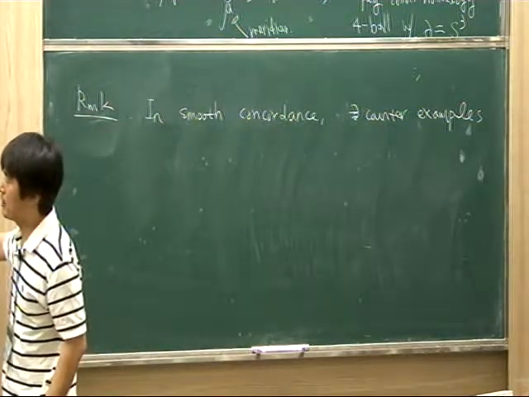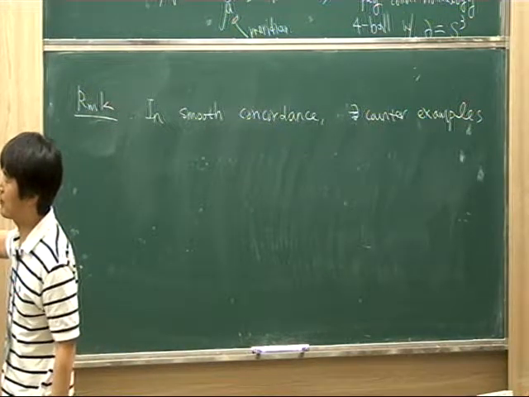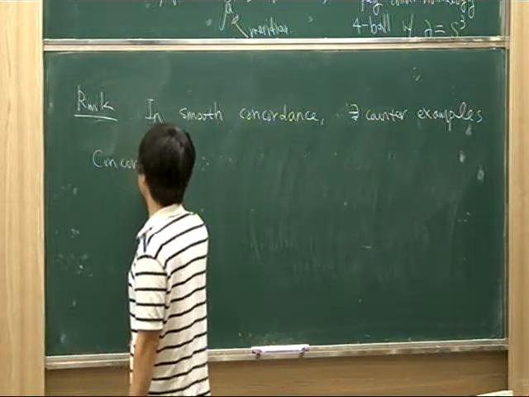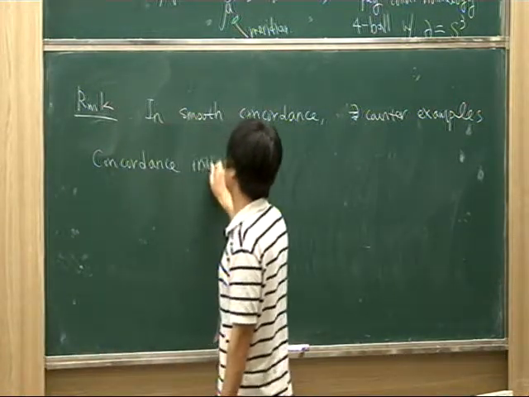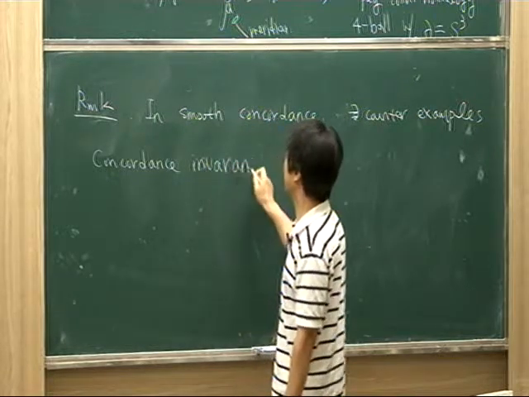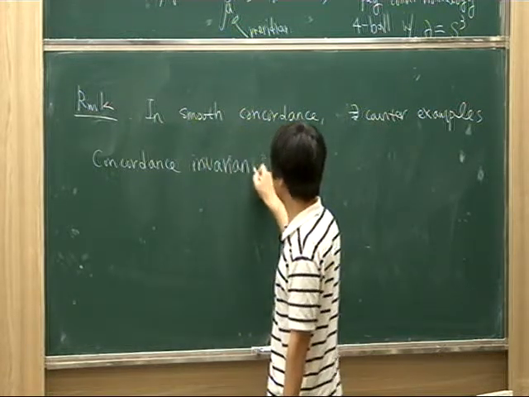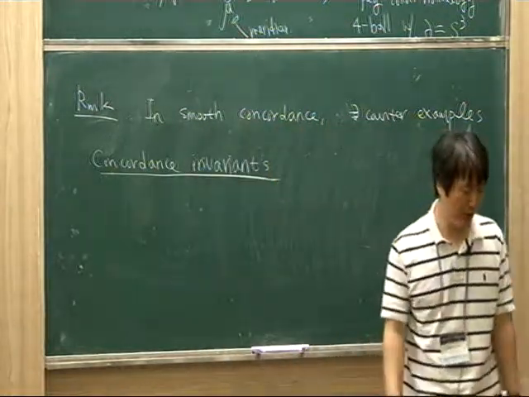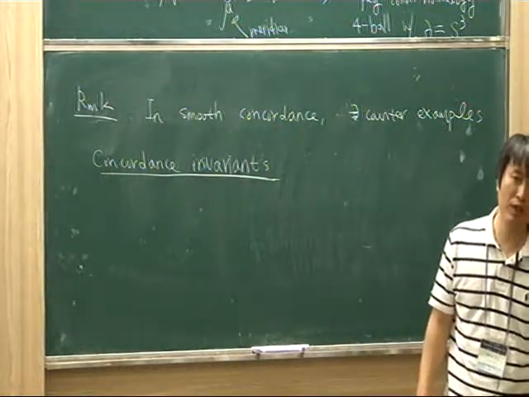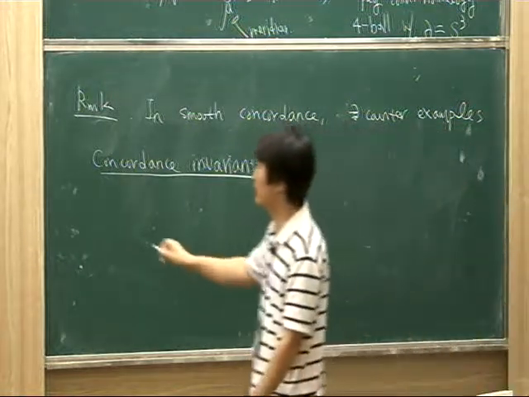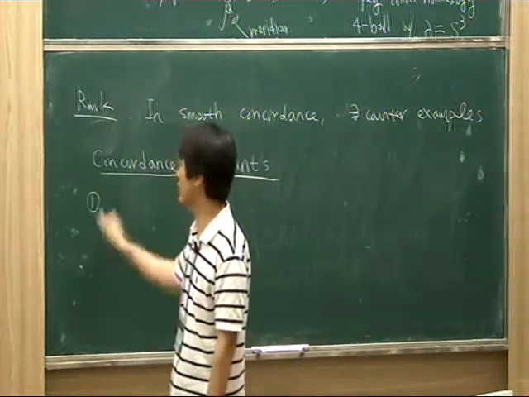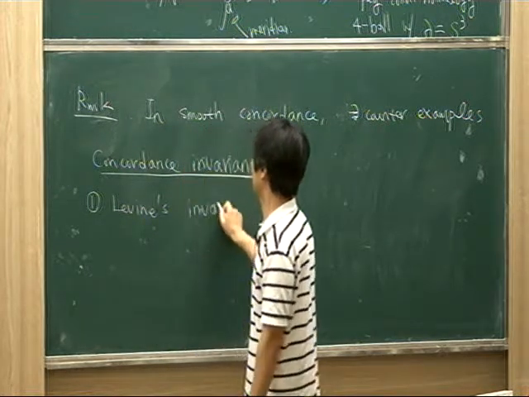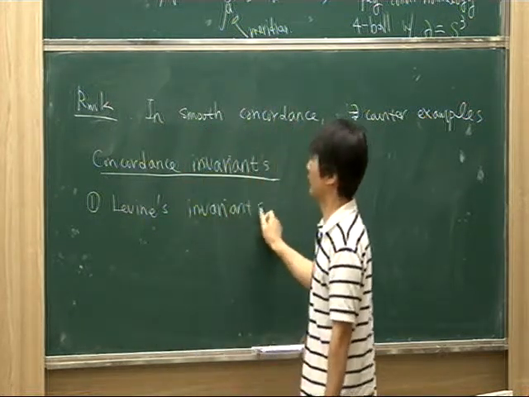So let me give some positive evidence for this question. Let's think about some concordance invariants for doing that. There are a lot of concordance invariants, but mainly I'm going to talk about three invariants today. The first one is Levine's invariants.